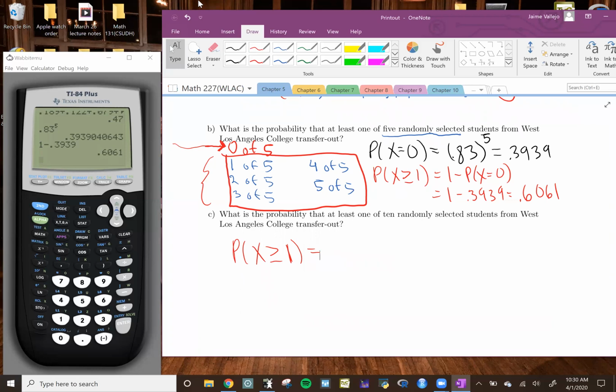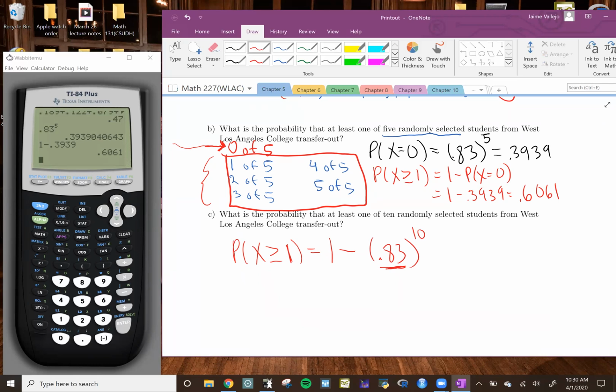So how many people did we randomly select now in part C? 10? Yeah, 10. So we're going to do 1 minus 0.83, and since we randomly selected 10 of them, you're going to put it to the 10th power.